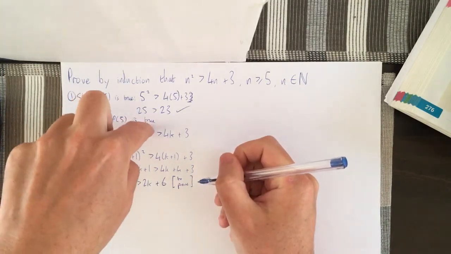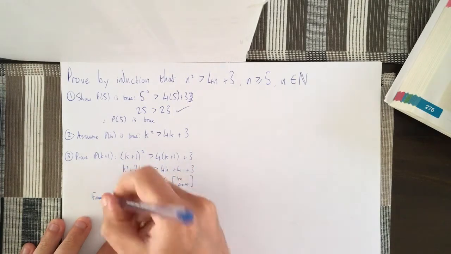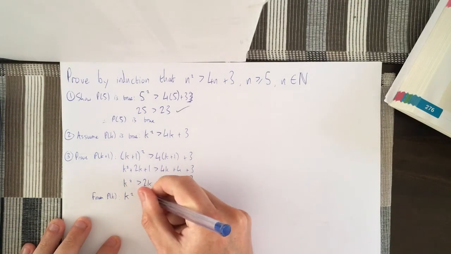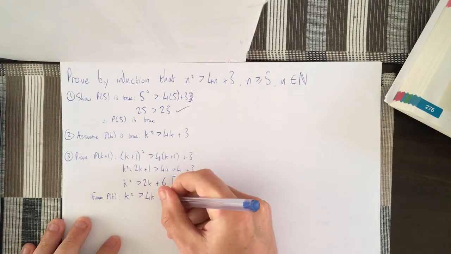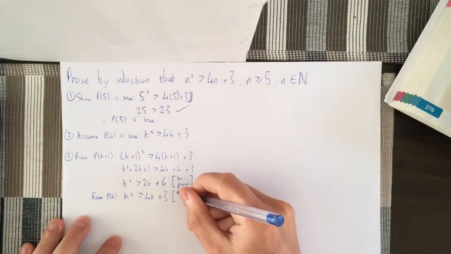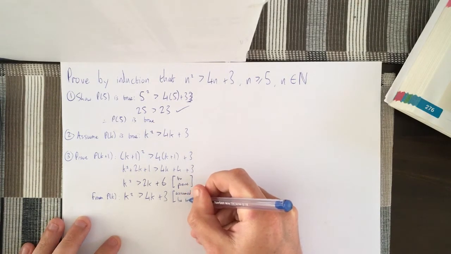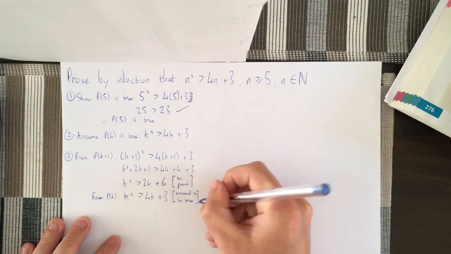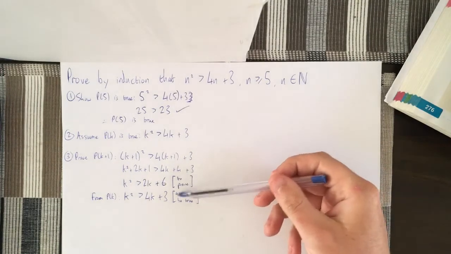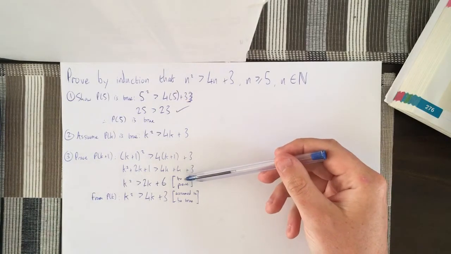So I'm going to bring this down and just compare them. So from Pk, k squared is greater than 4k plus 3, and that's my assumed to be true. You mightn't see this explicitly written in other solutions, but I just think it certainly helps me get the logic and get this next step correct.